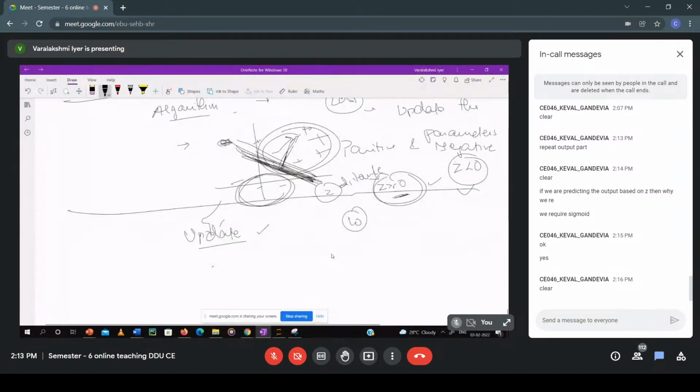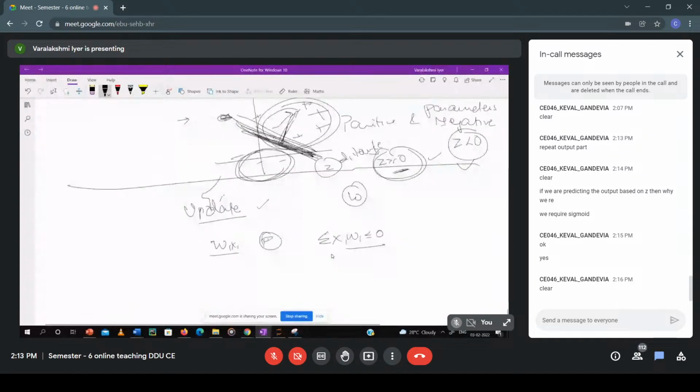So, if your actual target value was positive, but your predicted value, which is z, is negative: z is the predicted value, and based on z we apply a step function to predict the output.